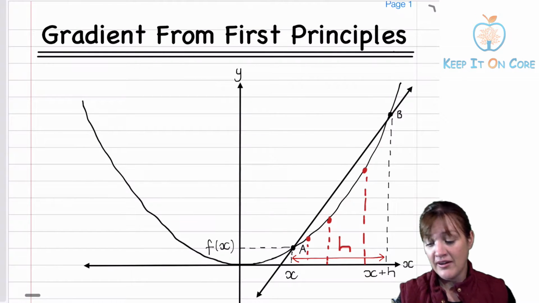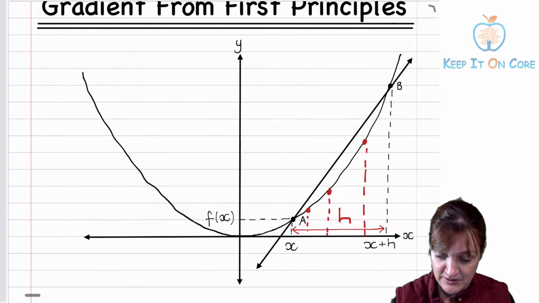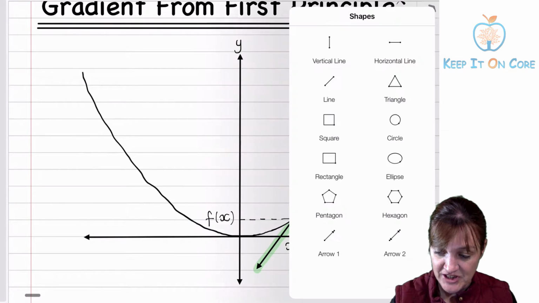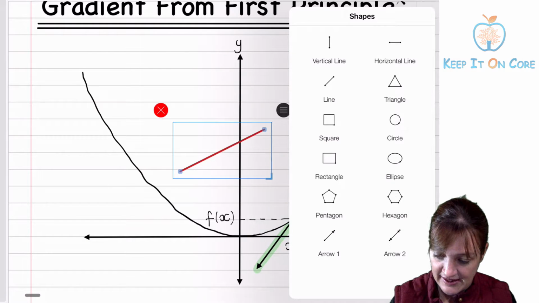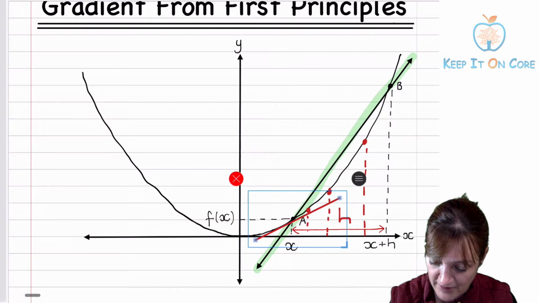Then we no longer have this line passing through two separate points. As you can see at the moment, the line passes through two separate points. But as point A and point B move so close towards each other, they look like they become 1 point.